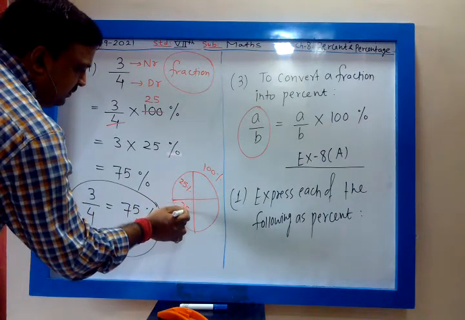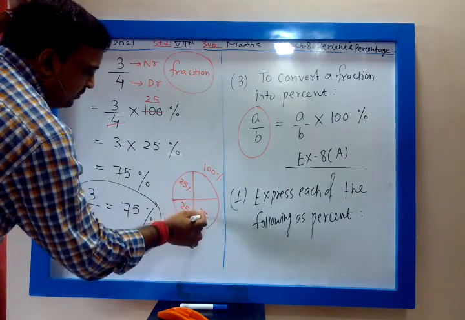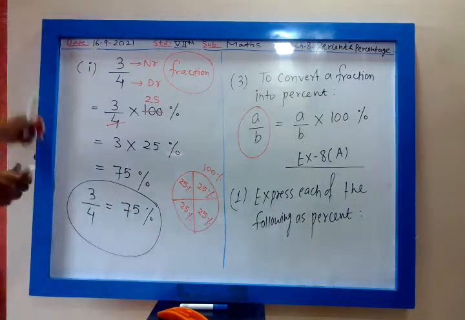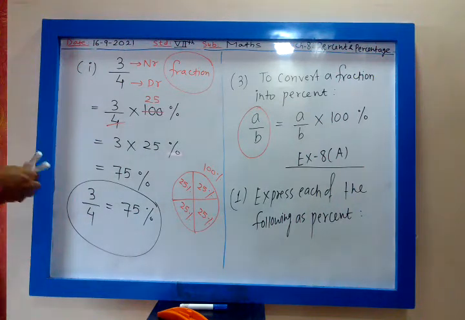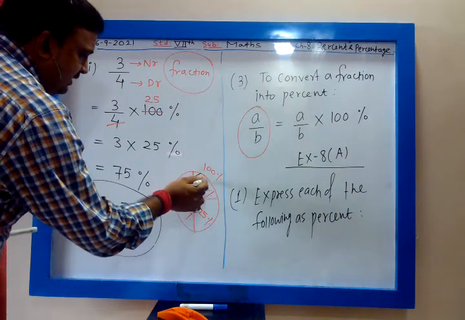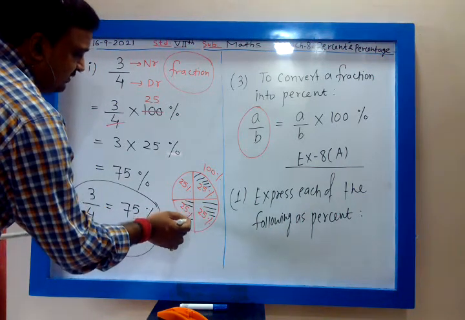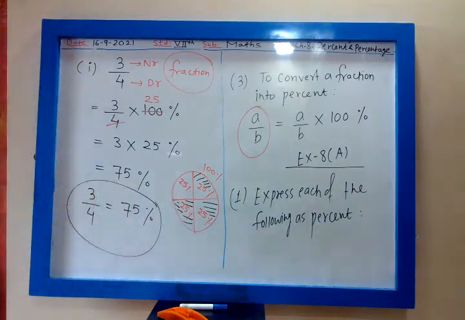How many parts are covered? 3 parts. So 1 part is 25%, 2 parts 50%, 3 parts 75%. This is the answer. Is it clear?